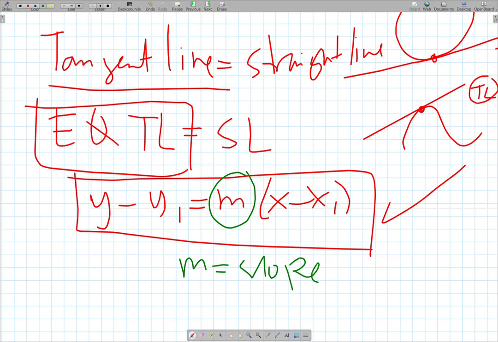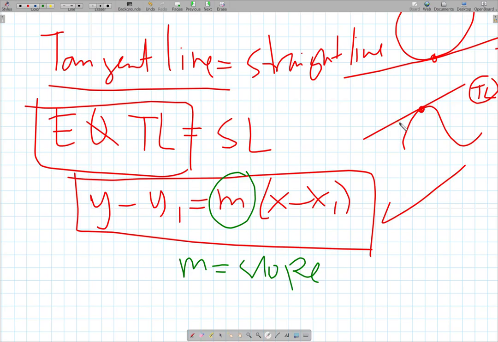The x1 and y1 are the set of points on the line, for example x1 and y1, x2 and y2.